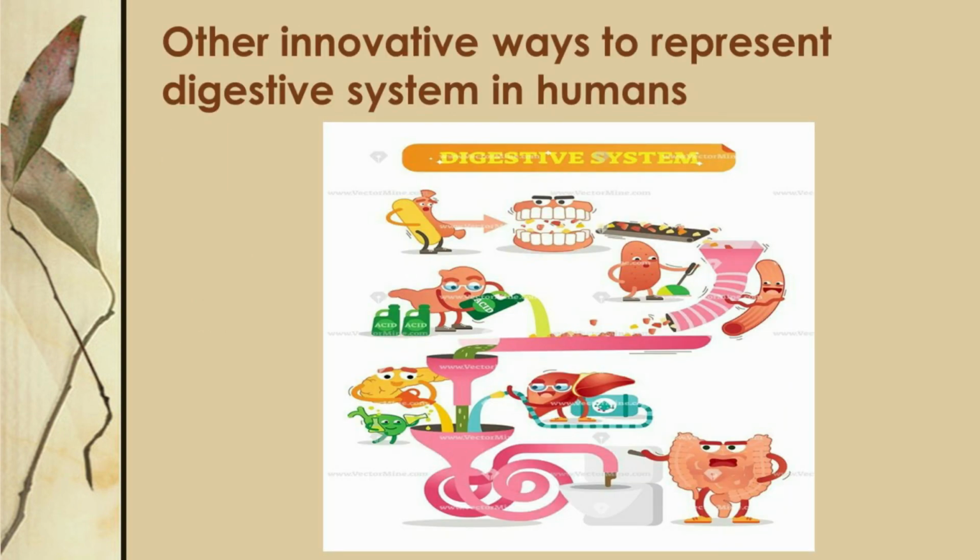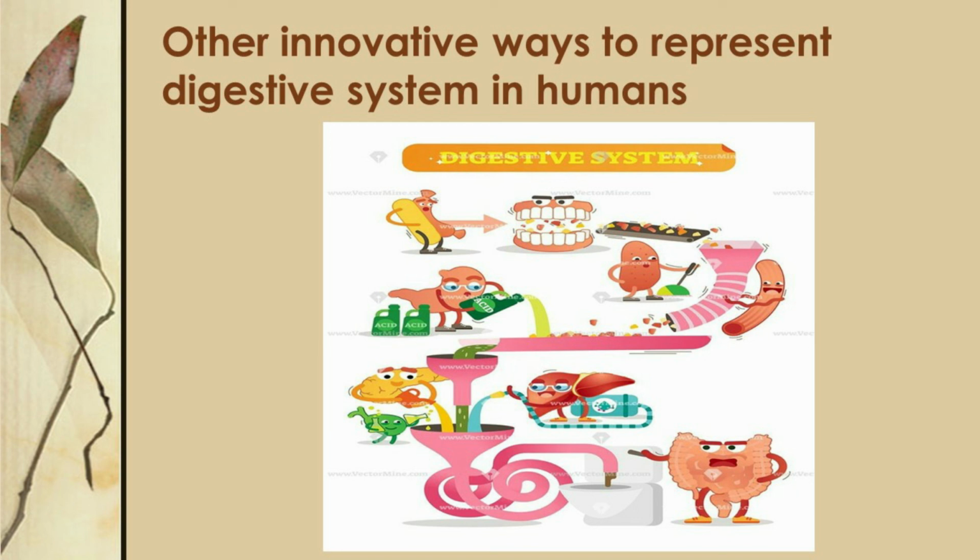There are also some innovative ways to represent the digestive system in the form of cartoons. This shows how digestion takes place in the body of humans. First of all, we eat food, it is chewed in the mouth, passes through the esophagus, and reaches the stomach.